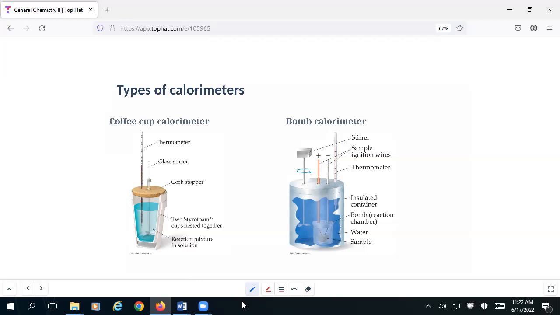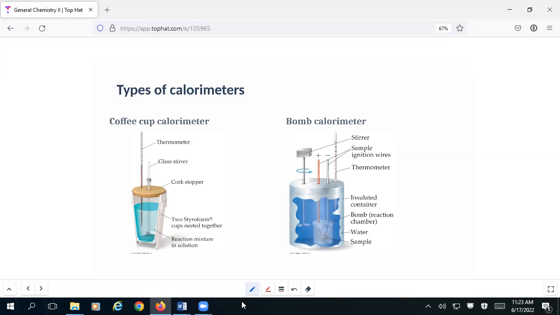Now, in our lab, our constant pressure calorimeters look a little bit different. We don't actually have the coffee cups. We have a little bit stronger, thicker styrofoam. Doesn't come close to what a bomb calorimeter actually is able to do, for those vessels are usually made out of steel and insulated materials.